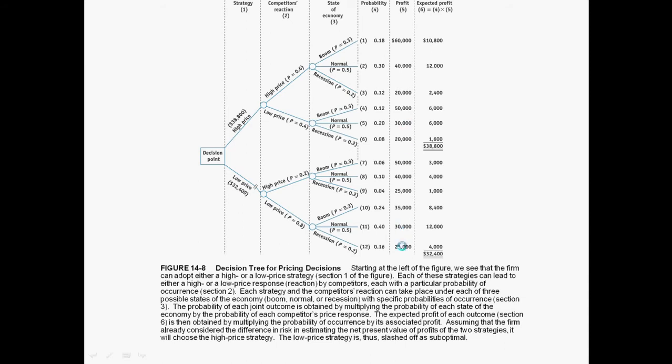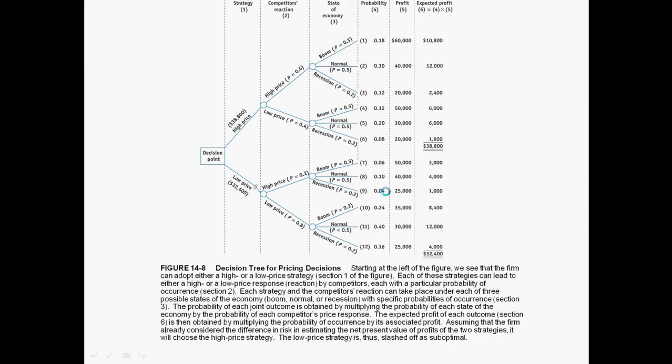In fact, I guess in this case, 35,000 versus 50,000. So in that case, he's better off charging a high price, even if his competitors are underselling him in the boom. A recession, again, he makes more profits here.